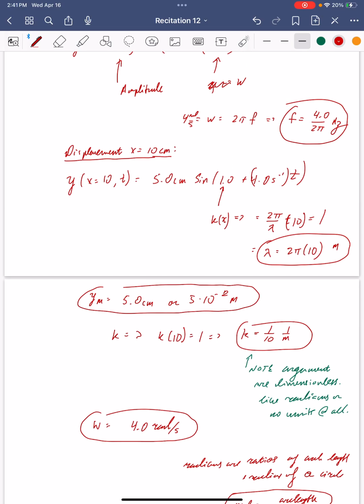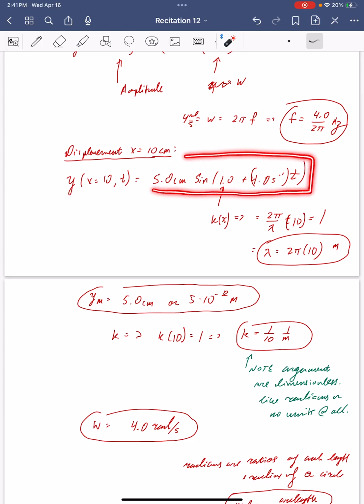And what that means is that this term right here is equal to kx. All they've done is plug in x equals 10, and now it's a constant. The way that we represent that on the left-hand side is that y as a function of x equals 10 and t is equal to what's given to us on the right-hand side.